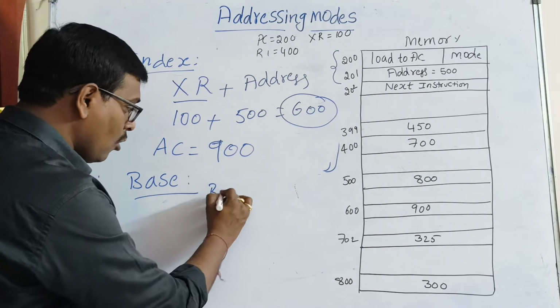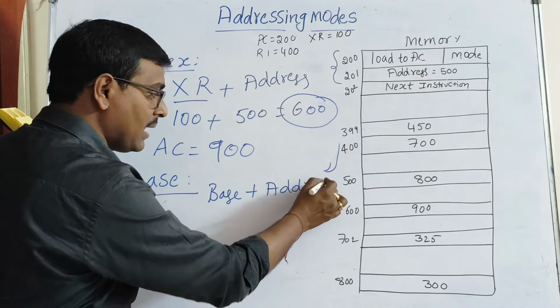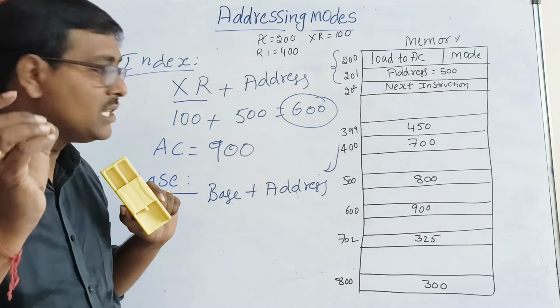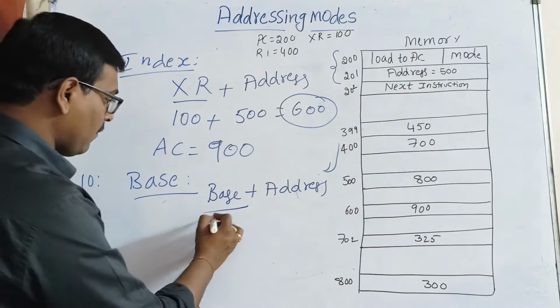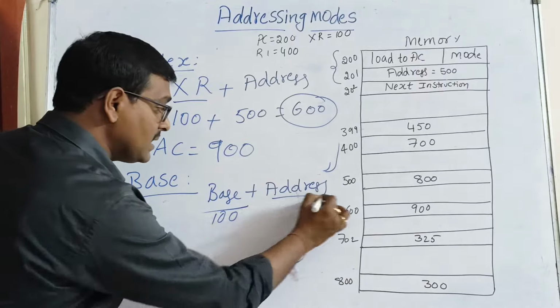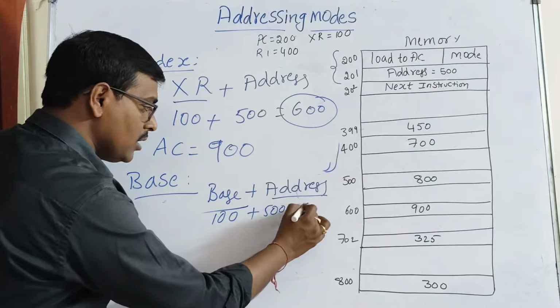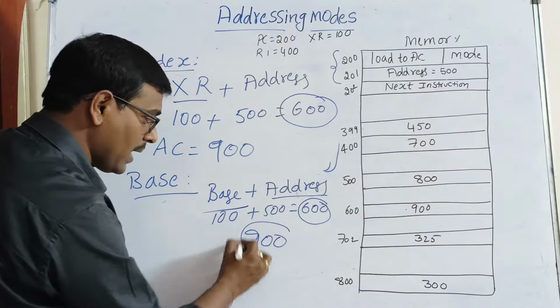Here also we are adding the content of the base register with the address. Assume any base register, for example, my base register value is 100. What is the address? 500. So at address 600, this is my operand.